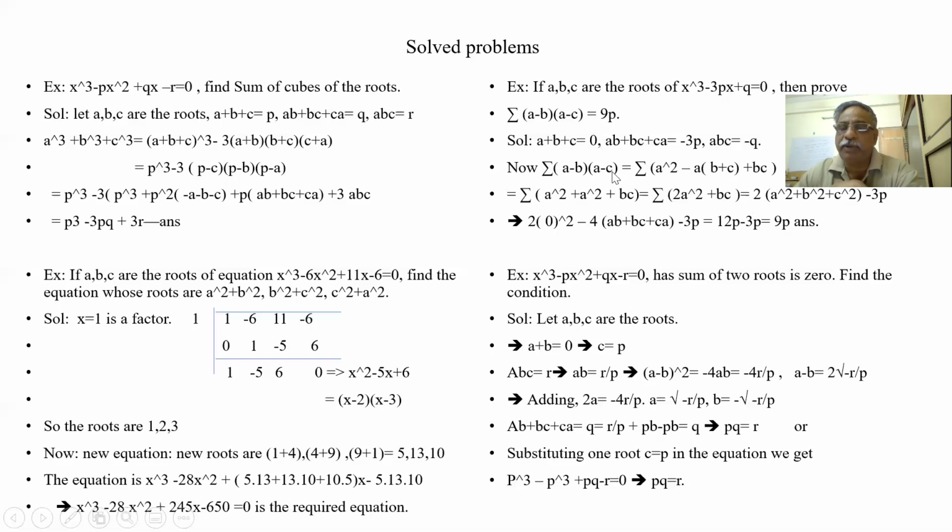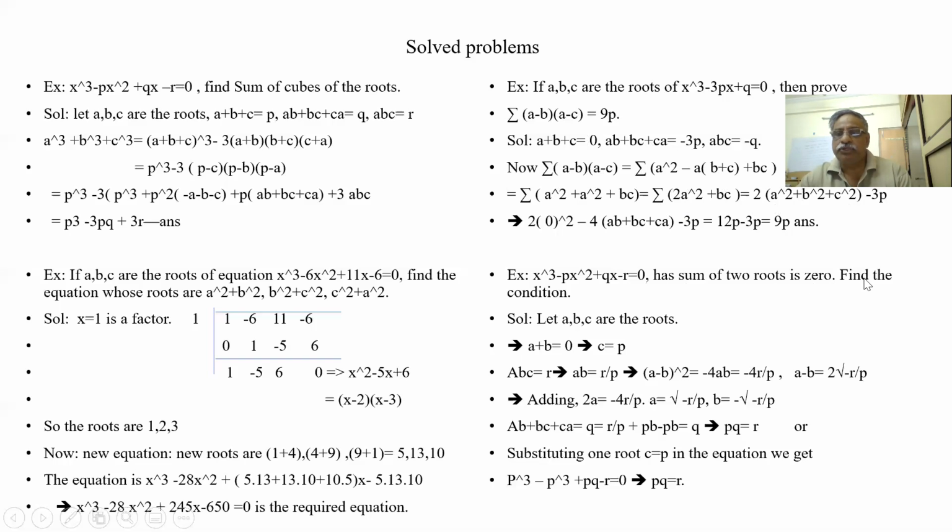Either you simply expand it and substitute, or you simplify and then expand sigma. Based on our experience, we should be able to decide. Here I have simplified before sigma, then I expanded sigma. We can expand in the early stage also, no problem. Now you see the other problem.